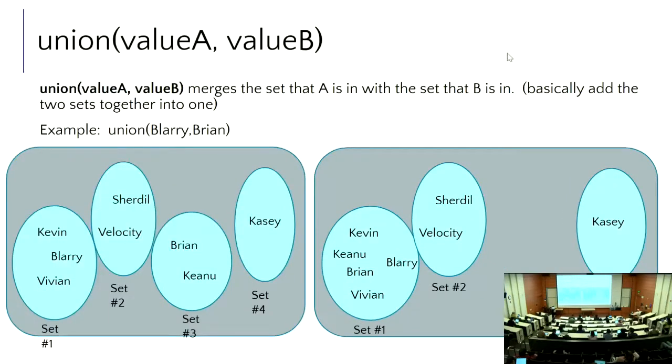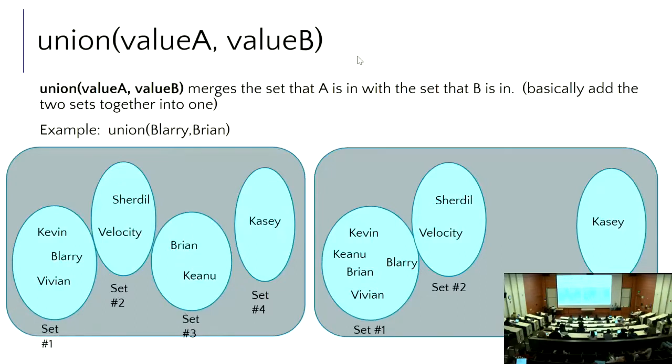Union will be the function that gives you the most headache, heartache, triumph, I don't know. It'll be the one that takes the most time. So if I call union on Blairy and Brian, technically inside union is a call on find set. I would call find set and find out that Blairy is in set 1. Then I'd call find set on Brian and find out that Brian is in set 3.